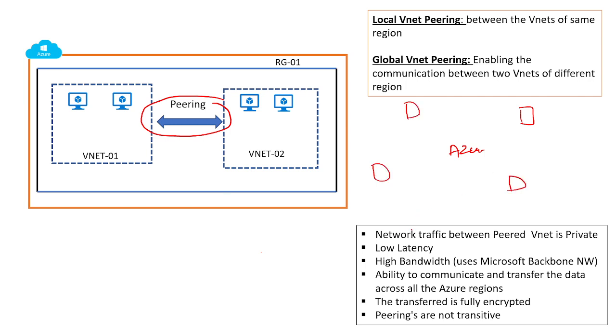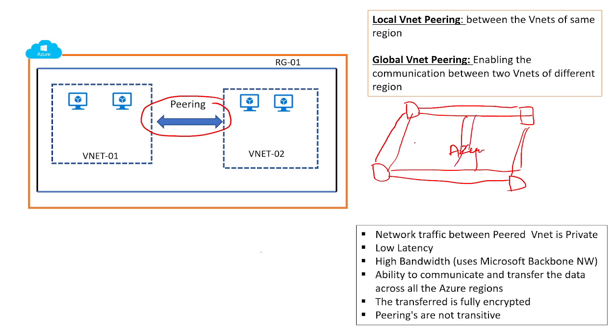So what they have done is, between the regions, they have put their own cables in the oceans, thousands of kilometers together, between their data centers. So they have their own network with huge bandwidth. This own cabling laid in the ocean between the regions is called the backbone network.